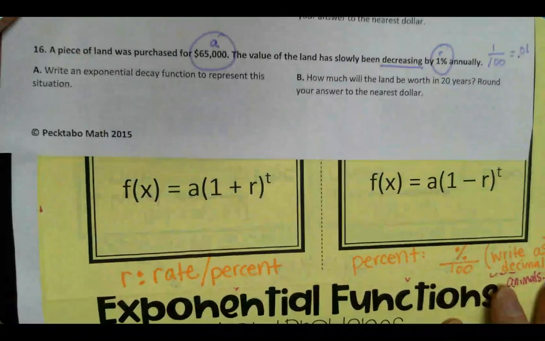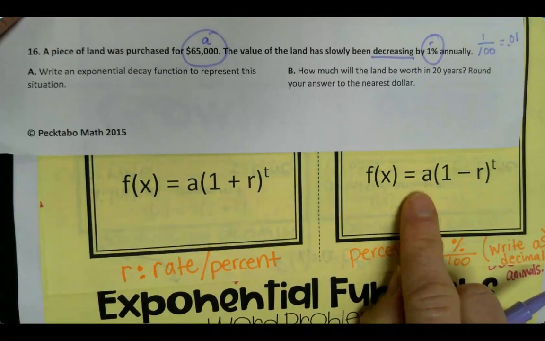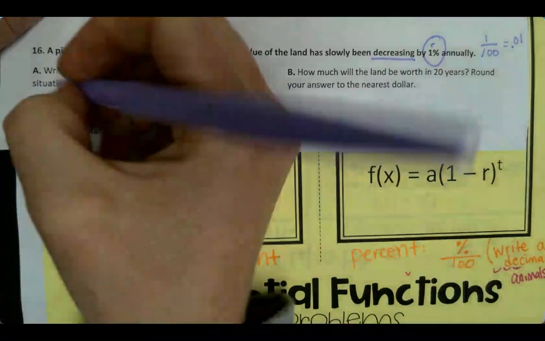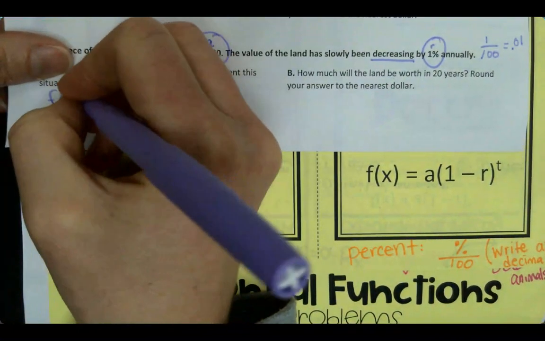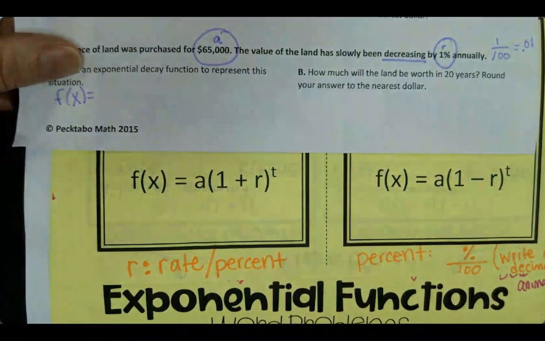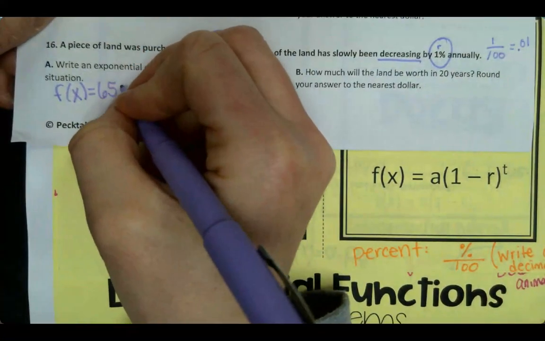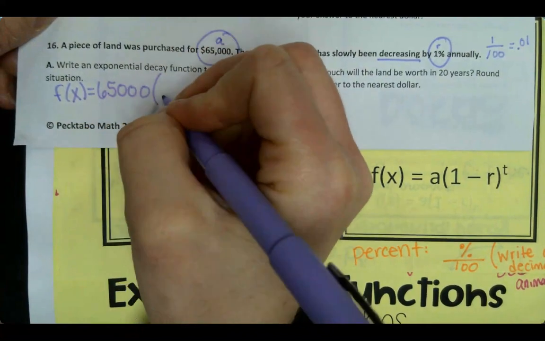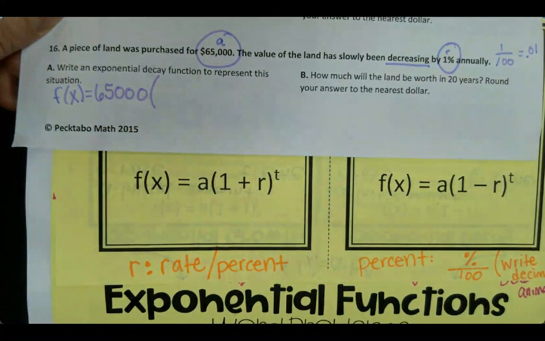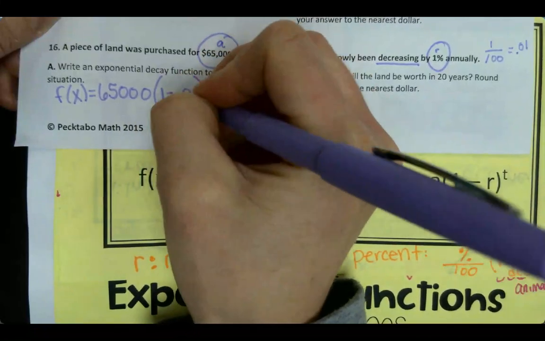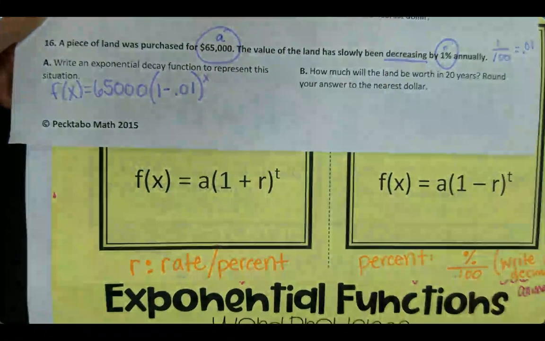So I'm going to show you my decay function. This is the decay. A parentheses 1 minus r raised to the t. So f of x equals, plug in our a, that's the 65,000, parentheses 1 minus r, so 1 minus 0.01 raised to the x.